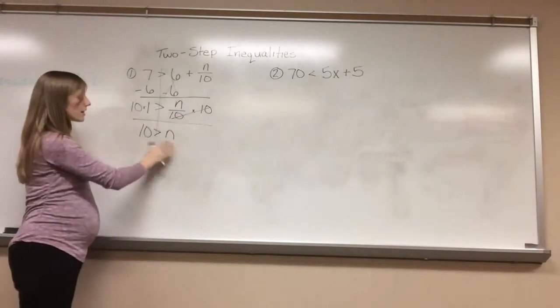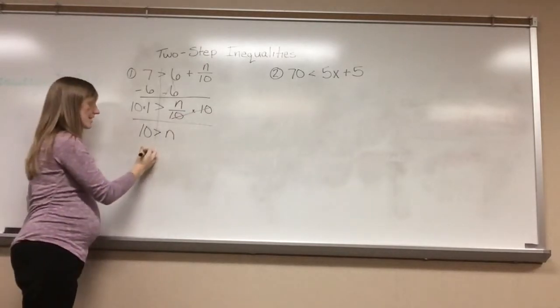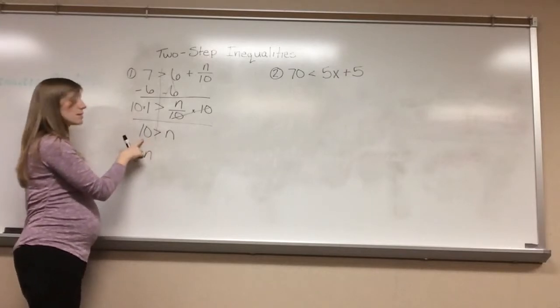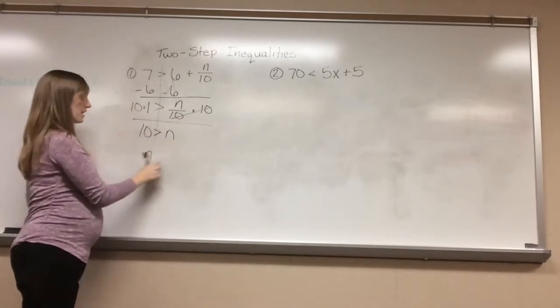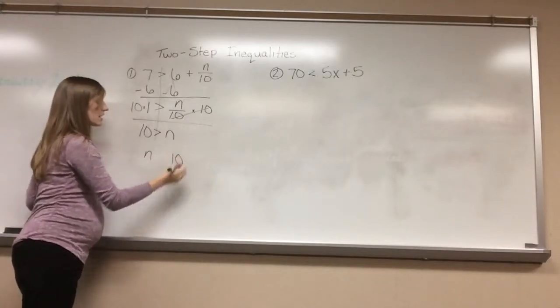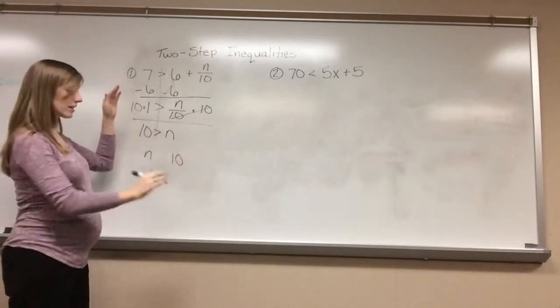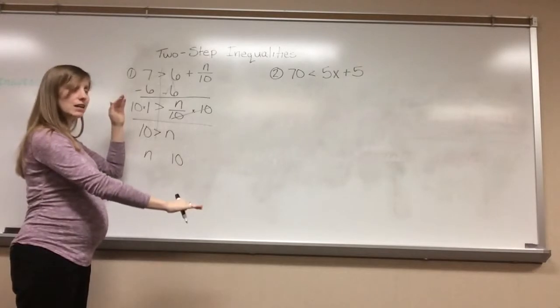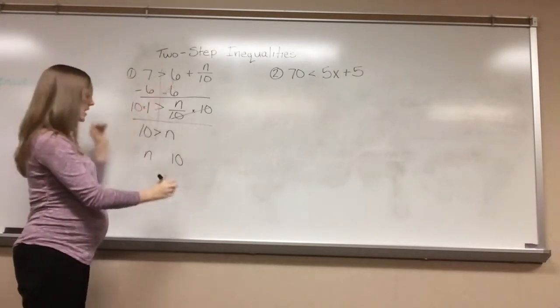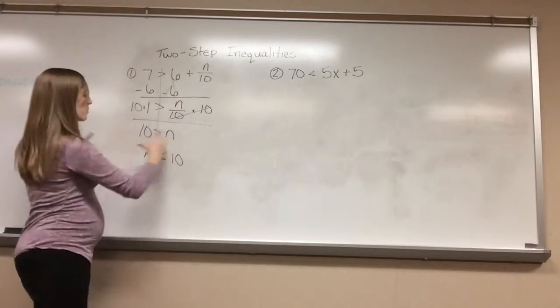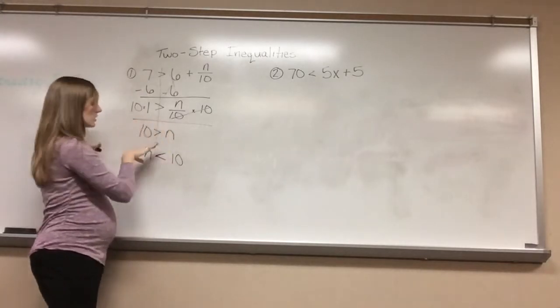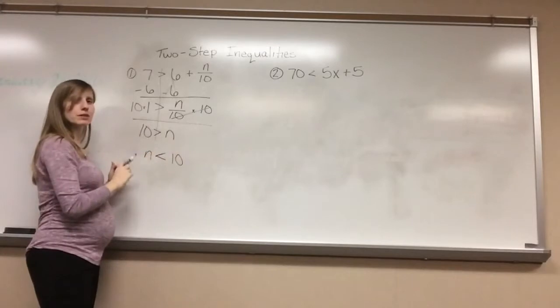However, we like to have our letter on the left-hand side, okay? So this tells me that 10 is bigger than n. But I want n first and 10 second. So if the 10 is bigger than the n, that means n must be smaller than 10. So I need to change this to a less than sign. Again, it's open towards the 10, so it needs to be open towards the 10 when you rewrite it.